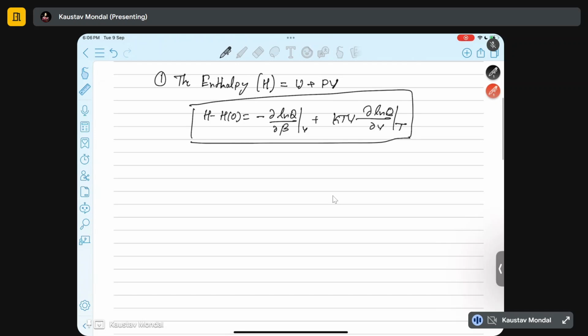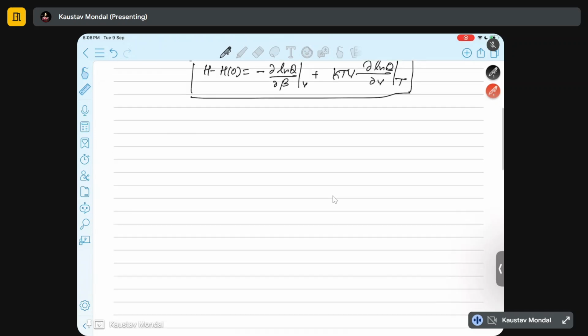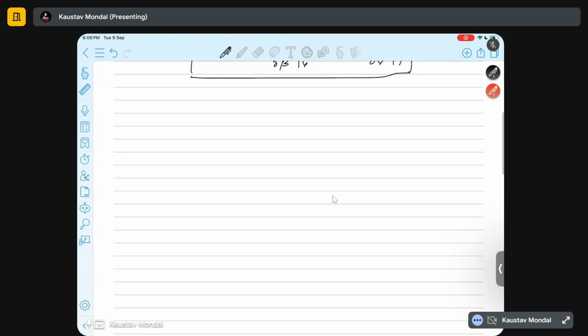Next thing that we have calculated, we verified what will be the expression of the enthalpy for a monoatomic ideal gas.